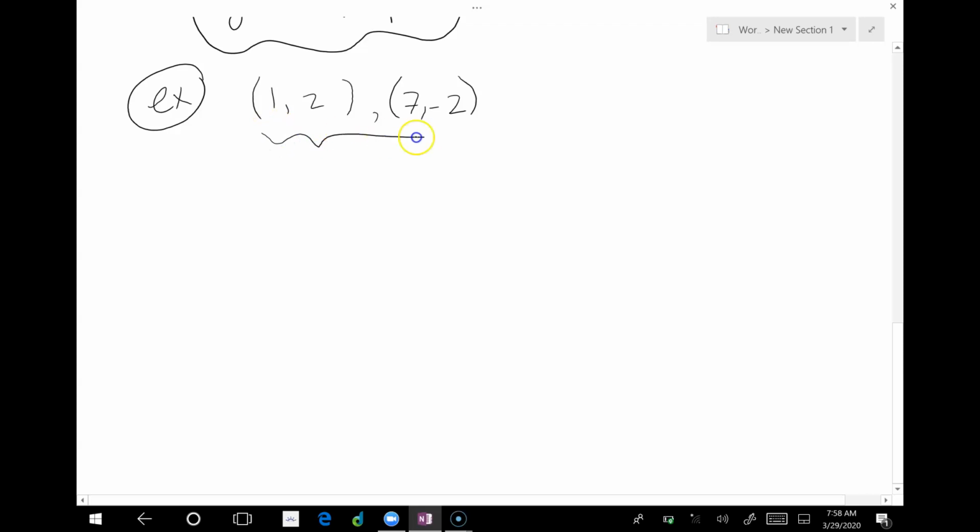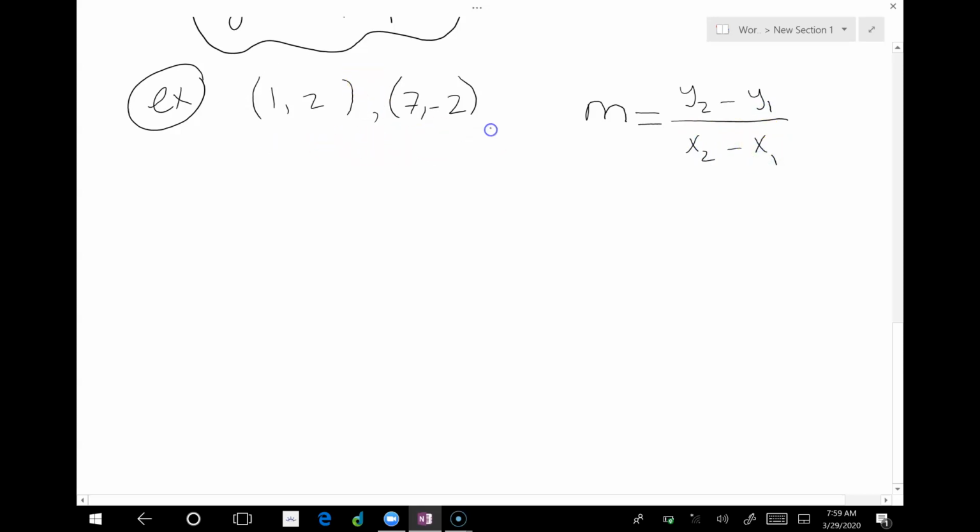Let's find the slope from here first. After finding the slope, you're going to use one of the points. In order to find the slope, if you recall the formula, it was y2 minus y1 over x2 minus x1.